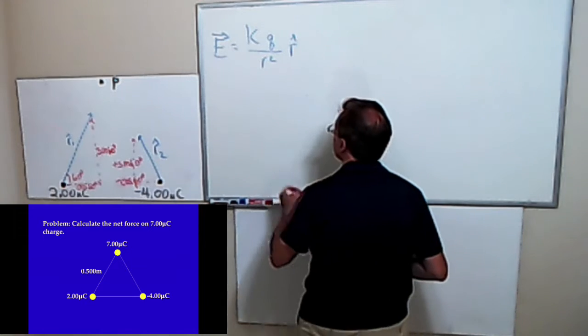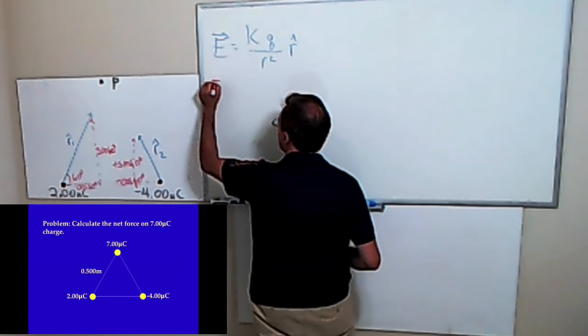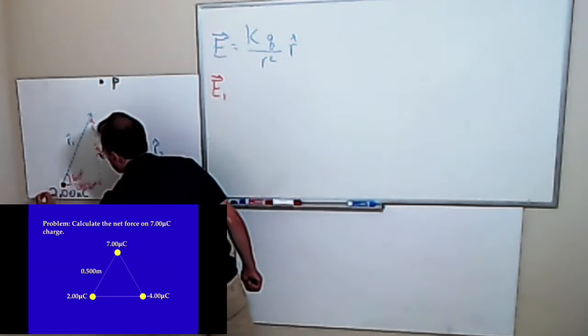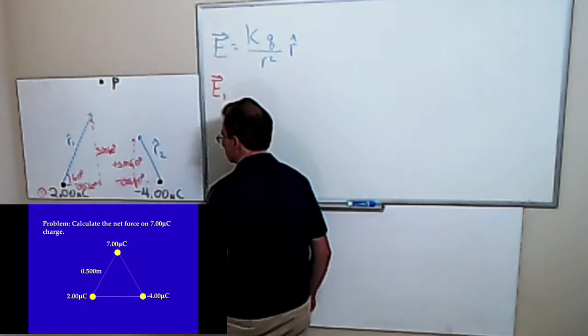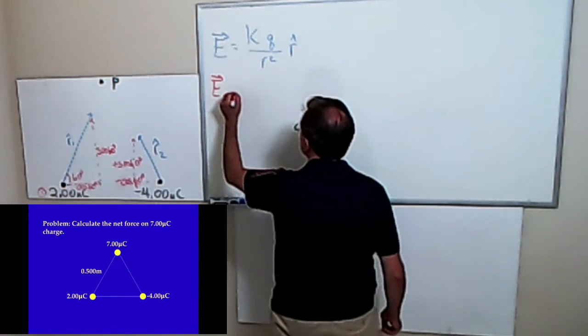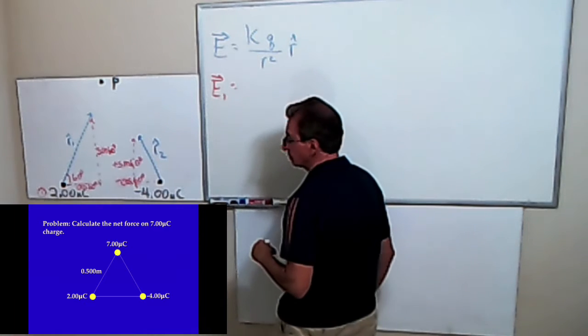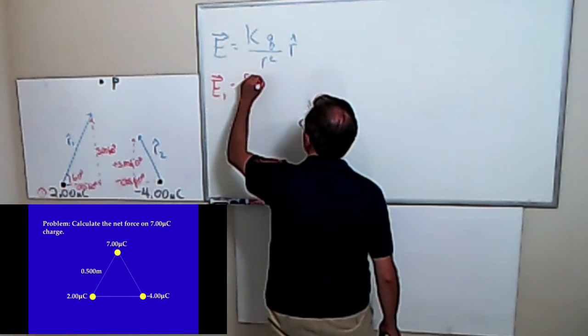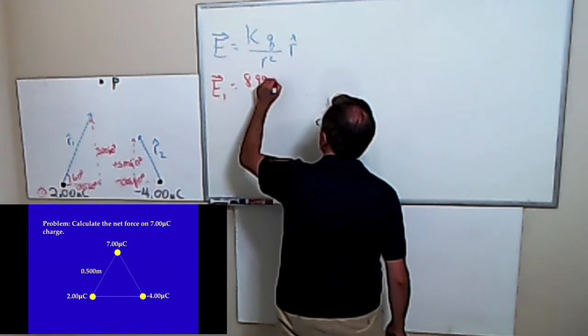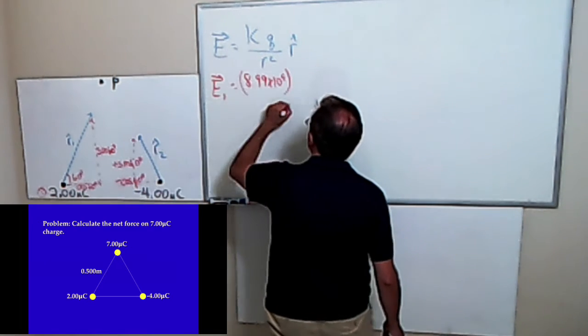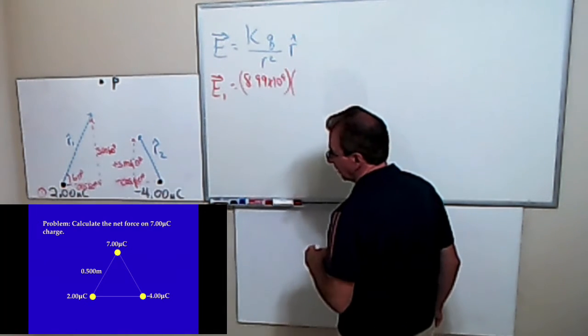And so when I write E1, if I label this particle 1, then it's going to be k times q. Again, I'm suppressing the units because they're in space.